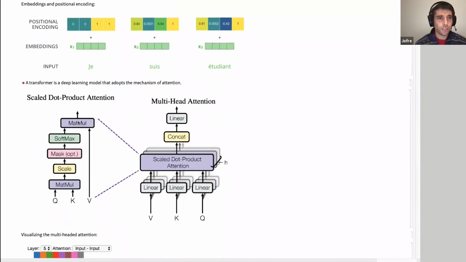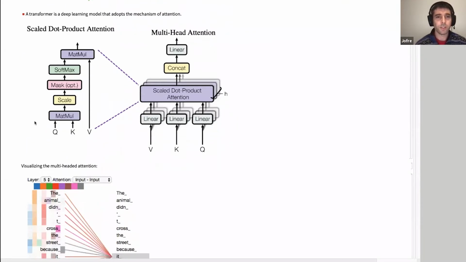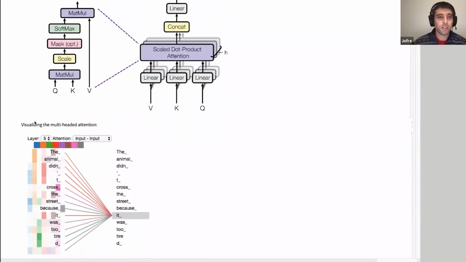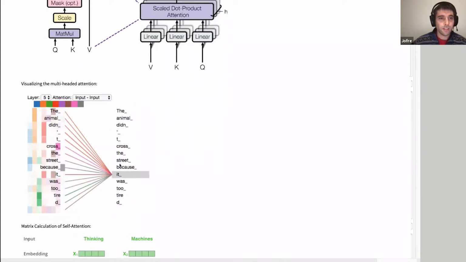At the core of the transformer model, there is the attention mechanism, the so-called multi-head attention, which is a bunch of matrix multiplications, a scaled product. But the intuition behind the multi-head attention is that each token or each word in the sentence is paying attention to itself and to other words and learns to understand some context.